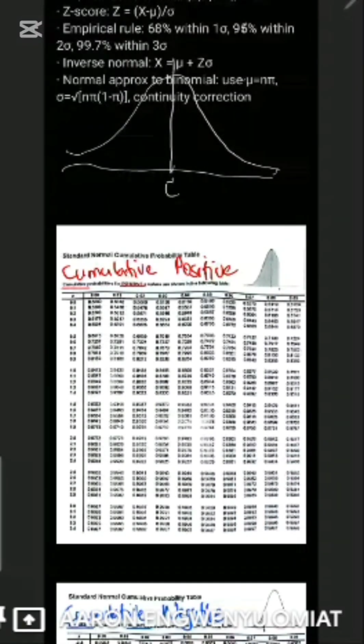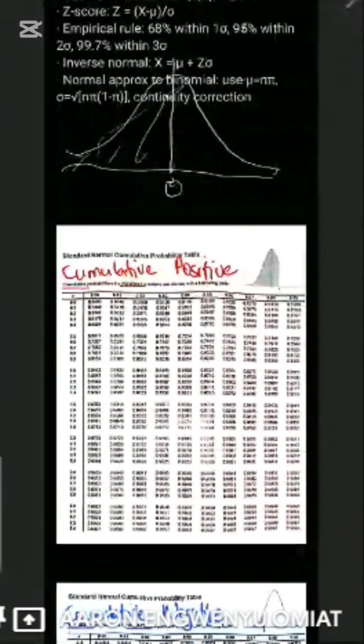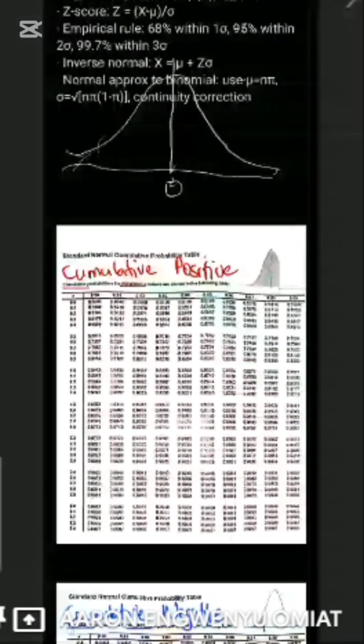And the total area under the graph is the probabilities, and this adds up to 1. So remember, total probability, which is the area under the graph, always adds up to 1.